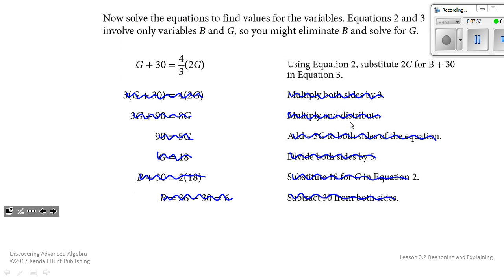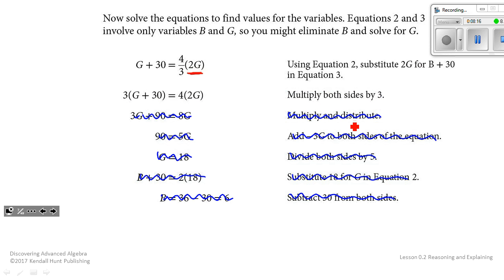So now let's go back here, right? So I've taken that 2G and substituted it right here into equation 3. So now I have G plus 30 equals 4/3, instead of B plus 30, now 2G, because those things are equal. Right? So let's go to the second step.